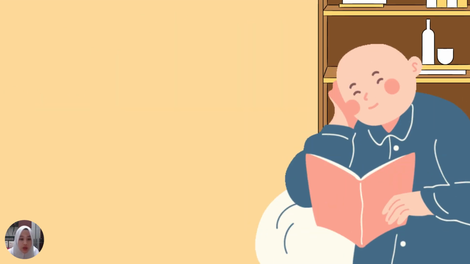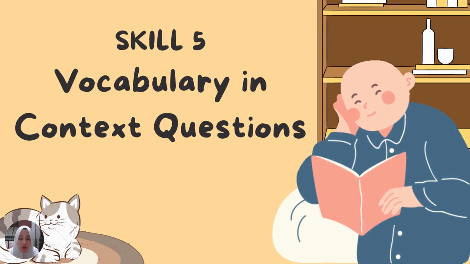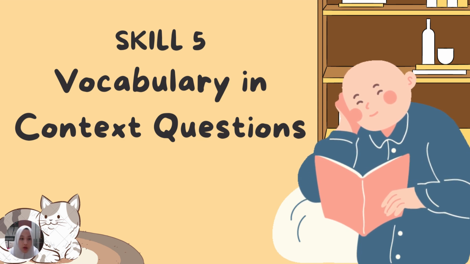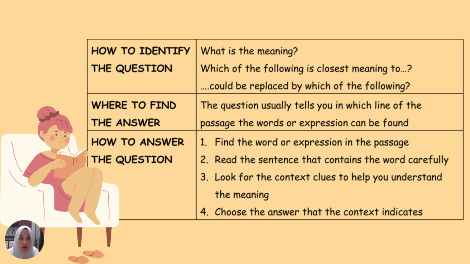Okay, let's move to the next slide for the next skill. Secondly, I'll be talking about skill 5, vocabulary in context question. So let's move to the next slide. You can see on the screen a strategy for answering questions about vocabulary in context.